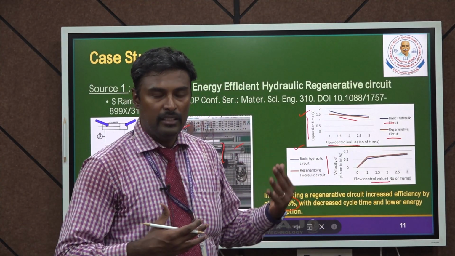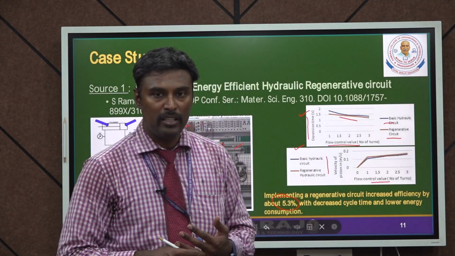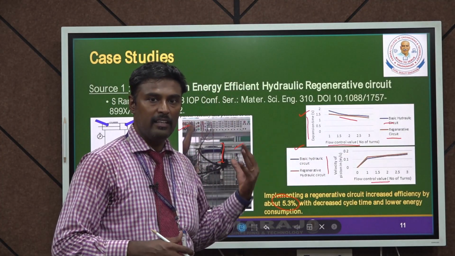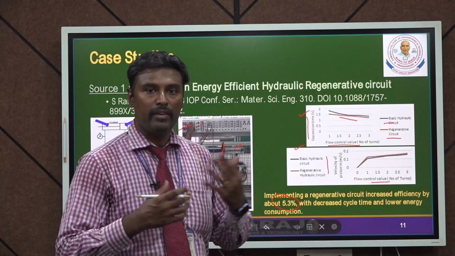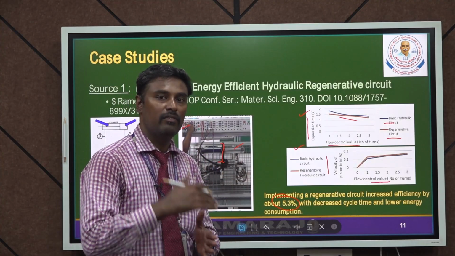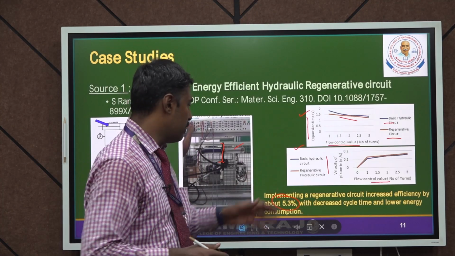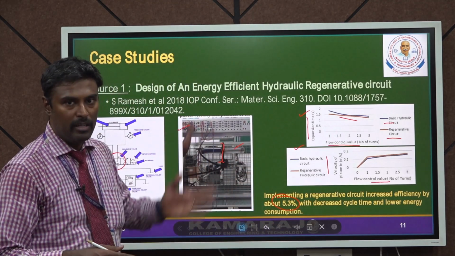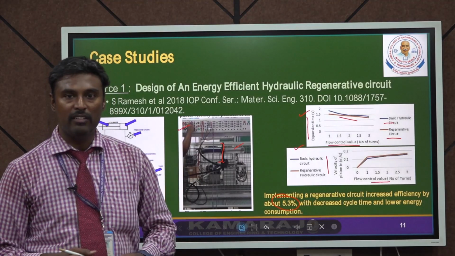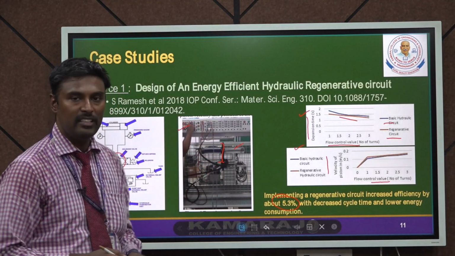So from the energy usage point of view, the regenerative circuits make the entire circuit operate in a very effective manner with very little energy, along with reduced cycle time, and improve overall efficiency by 5.3%. This is the summary of the results achieved by S. Ramesh et al. in 2018 based on regenerative circuits.